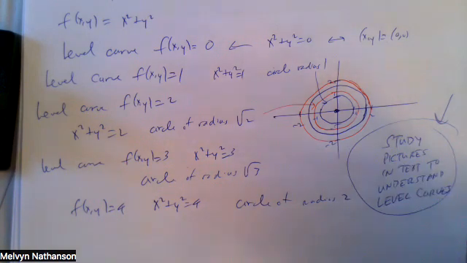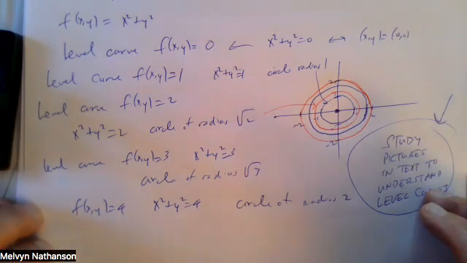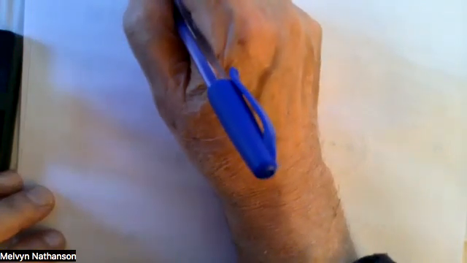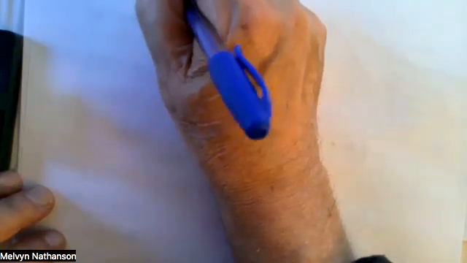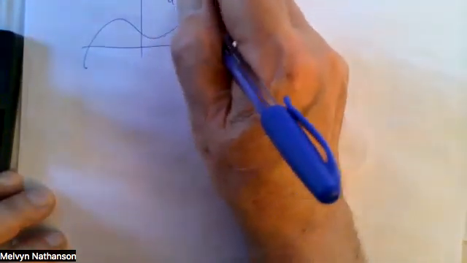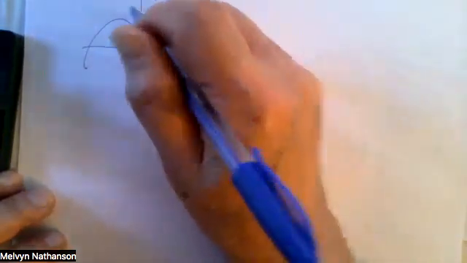Okay. So let's just recall something about calculus 1, calculus 2. If you have a function y equals f of x, a function of one variable, the graph is a curve. This is the graph of y equals f of x.